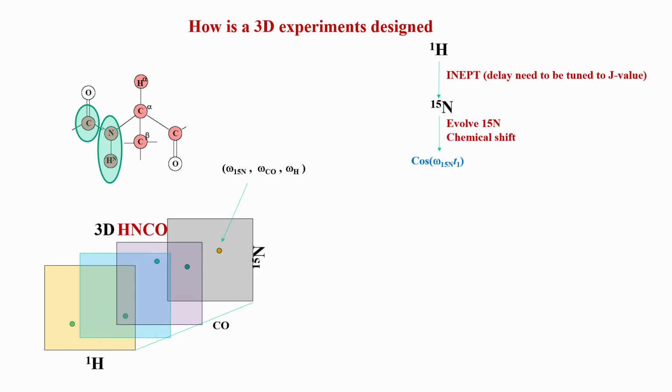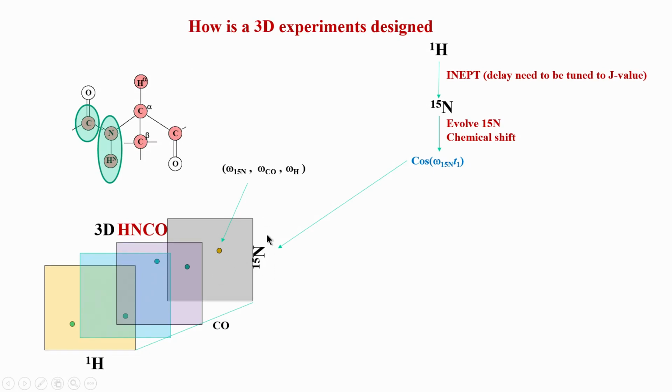Okay. Now, this N15 which has now got the magnetization from hydrogen, we can evolve the chemical shift of nitrogen. This is similar to what we do in HSQC, there also we did the same thing, and you can get the chemical shift of nitrogen. So, evolution is during the T1 period for a short time. This is the chemical shift which is shown here.